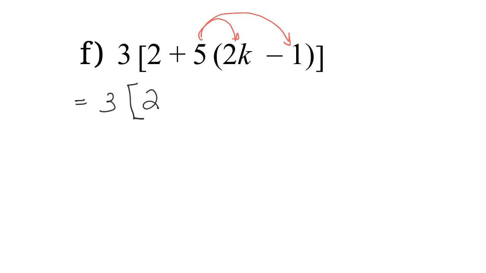And then we're going to start with the multiplication. So this is 5 multiplied by 2k. 5 times 2k is a positive 10k. And then we have 5 multiplied by -1. 5 times -1 is -5. And then we can close the bracket.